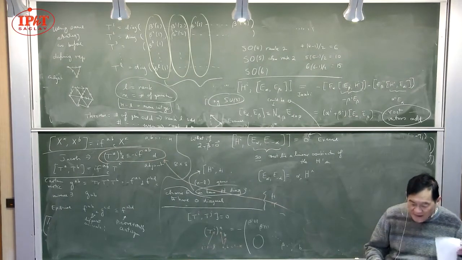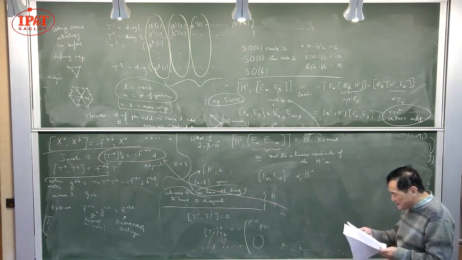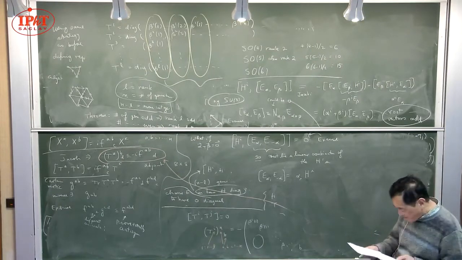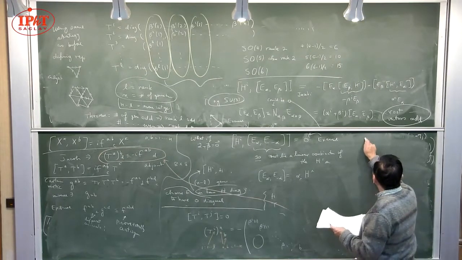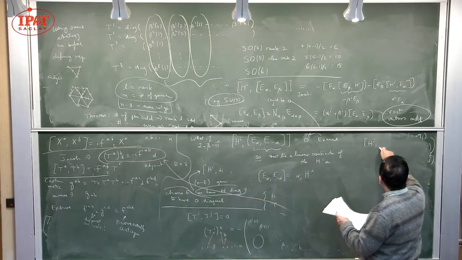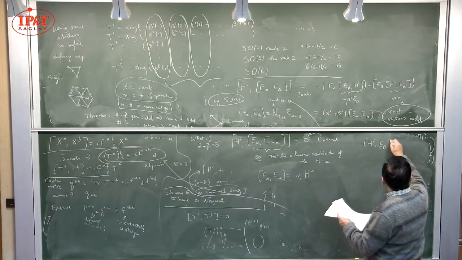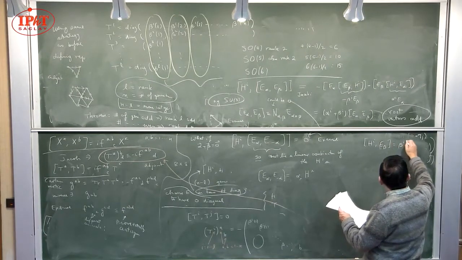There was an alpha upper I with the upper index, and this is an alpha I with a lower index. We defined the root vector as beta I, E beta.